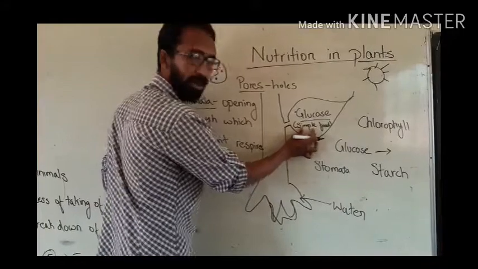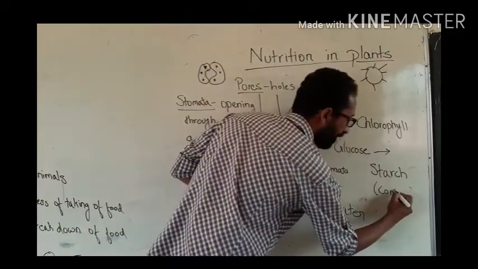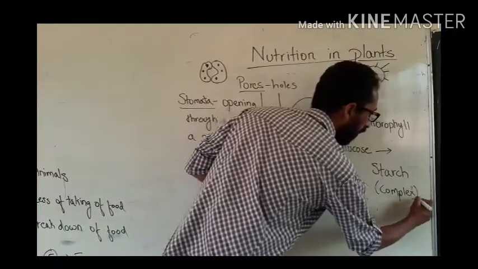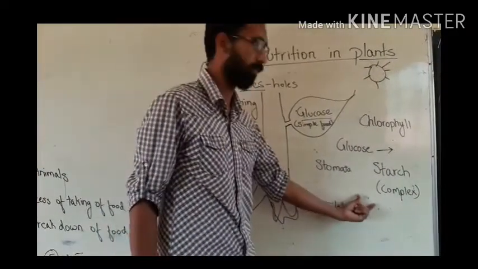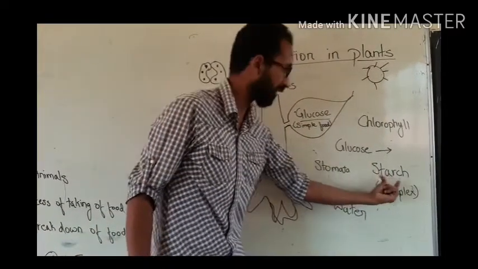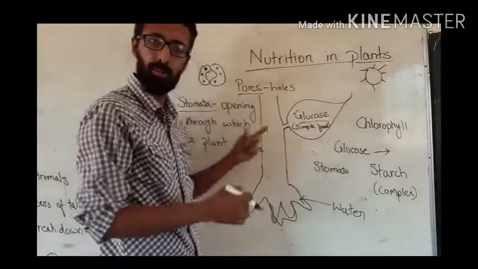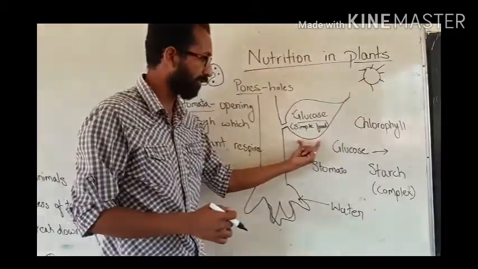Glucose is a simple form and starch is a complex form. Many glucose combined together to form starch, and this starch is stored in the leaves of the plant.